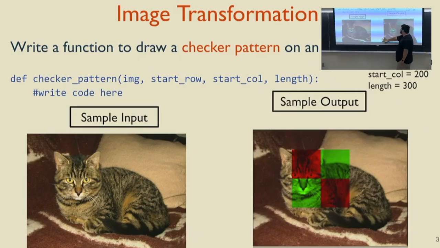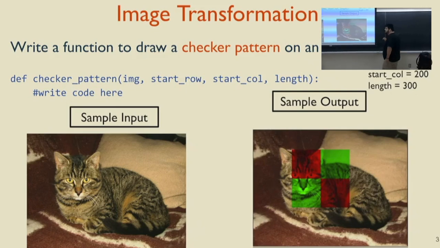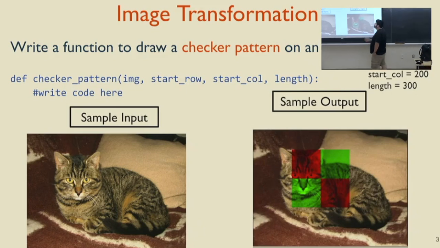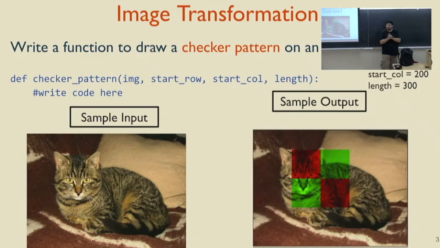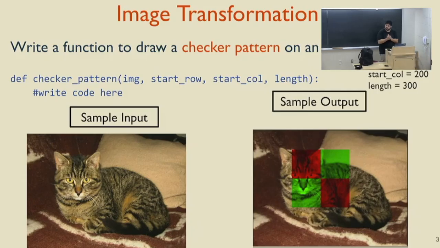And then within that image, in a predefined spot, we're going to give it a checkered pattern. Somewhere within this space is where we're going to make that checkered pattern. Does that make sense? What we want to do? Cool.